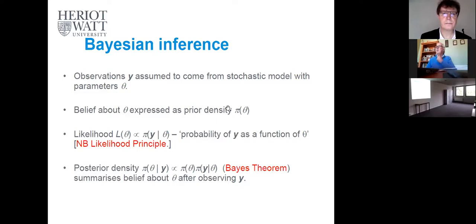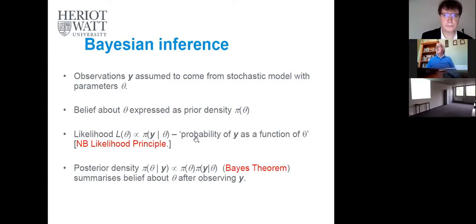So we normally use what we would call a non-informative prior here. Just think of that as a prior where you have a very large variance on the parameters before you have the data. Then once you get your data, it's good statistical practice to see if you can work out the likelihood function, because the likelihood principle tells you that the likelihood function will basically carry all the information about theta that the data y tell you.